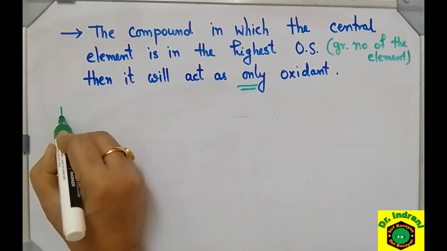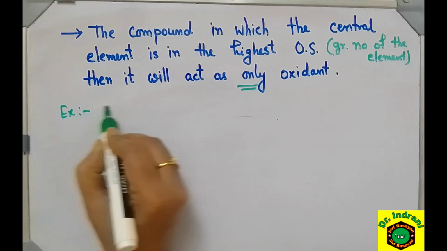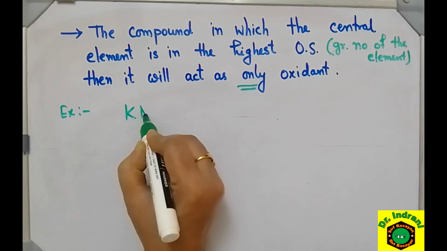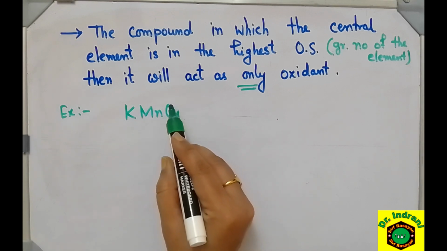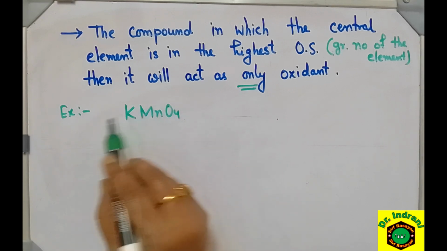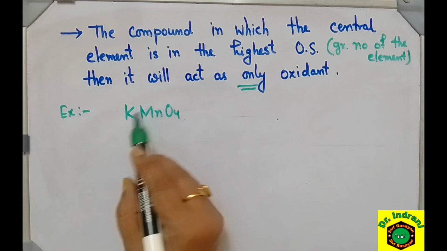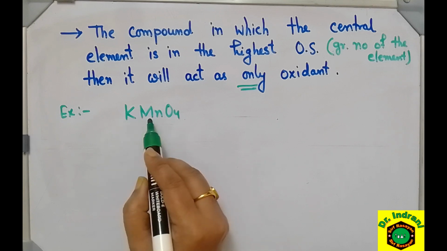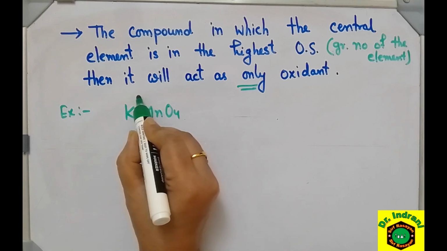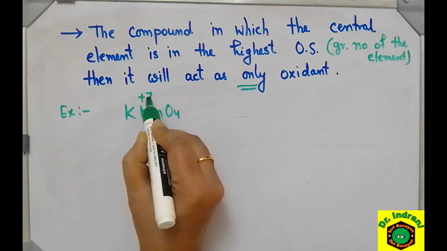For example, consider KMnO4. Oxidation state of oxygen here is -2. Each oxygen is having -2. Here potassium is having +1. For manganese, oxidation state is +7.